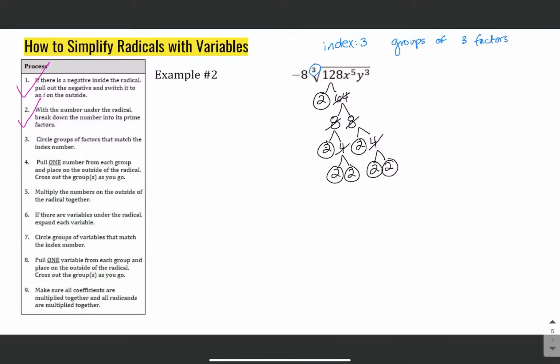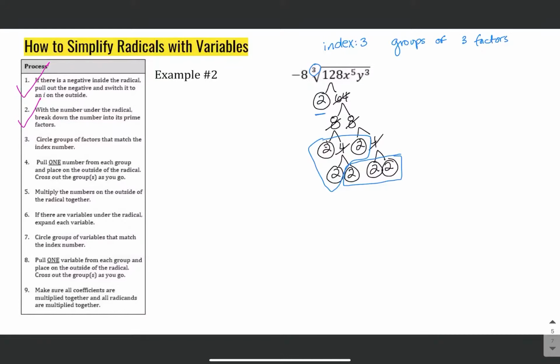So notice right here, I've got 3 2s, and I've also got 3 2s right here. So I've got 2 groups of 3. 1 2 3, 1 2 3. Notice you still have a 2 left over up here, so don't forget about them.